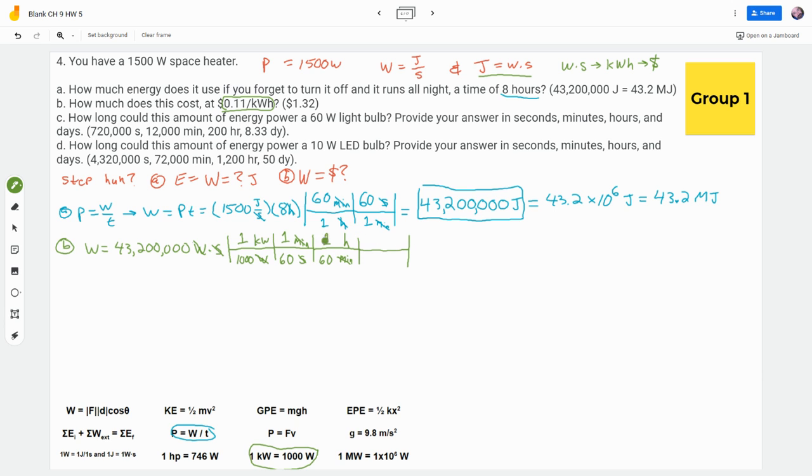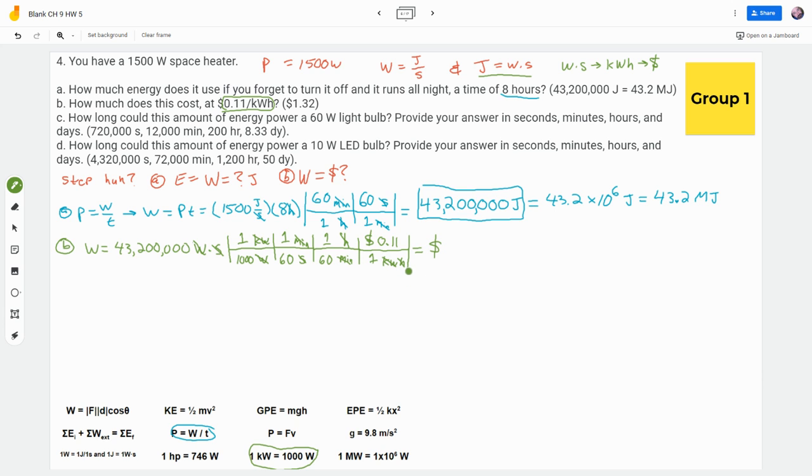So I want to get out of kilowatt hours on the top, which means I want kilowatt hours on the bottom. And how does that relate to money? According to the electric company, 11 cents is the same thing as 1 kilowatt hour. Watch the units: kilowatts on the top, kilowatts on the bottom, they go away. Hour on the top, hour on the bottom, that goes away. Which means the only unit I have left is American dollars.